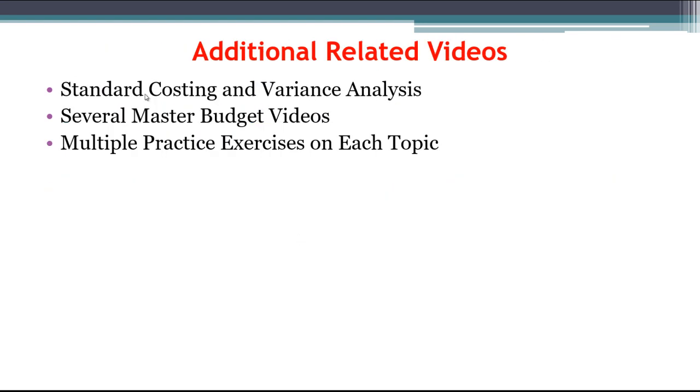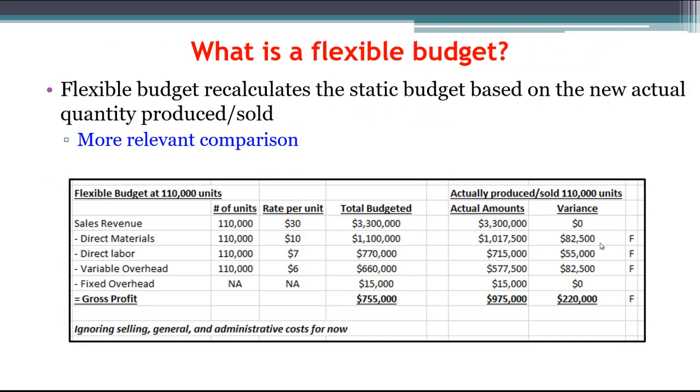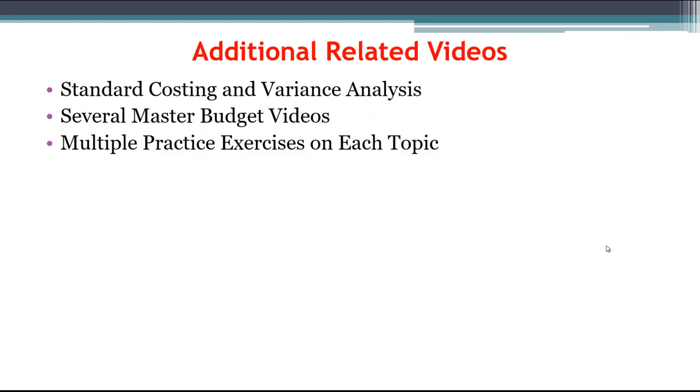Those are the standard costs. And then variance analysis takes standard costing into more depth, because now instead of just realizing, hey, we saved money on materials, variance analysis tells us whether we saved money on the materials because we paid less per pound or because we used fewer pounds, quantity. So that's an important concept that relates to this.